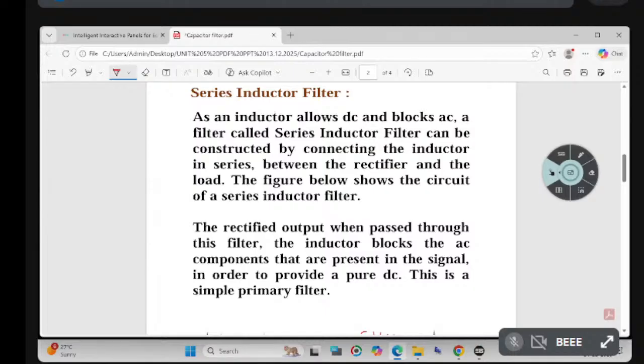The output of the rectifier is connected to the input of the filter. So it is always connected in series. So 2 to 3 marks you have to write down this one, capacitor filter also. Next we go for the capacitor filter.